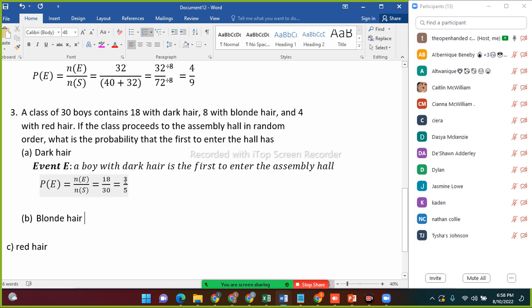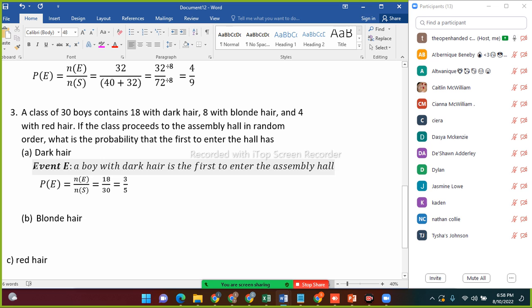All right, let's look at another one. B, blonde hair. Miss Johnson, walk me through this.